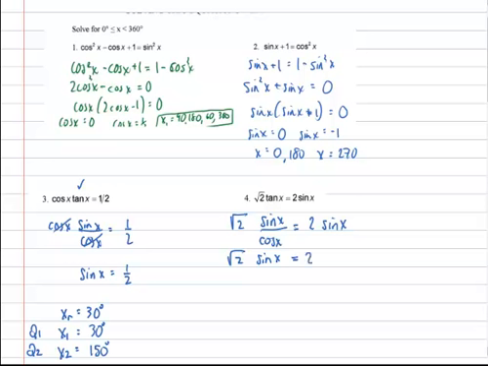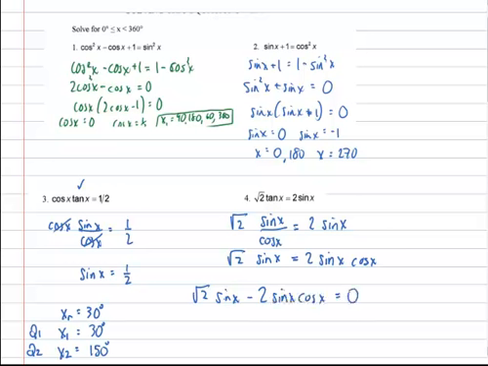We have to solve for the angles that work. So we get 2 sine of x times cosine of x. And now, because this is a nonlinear equation, everything should come over to one side. So we have root 2 sine of x minus 2 sine of x cosine of x.